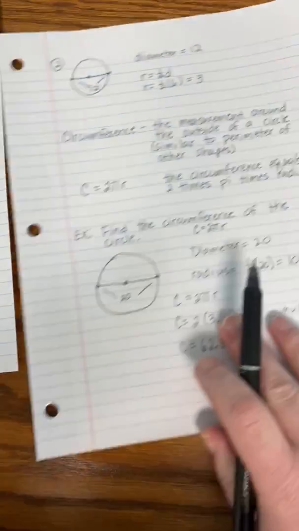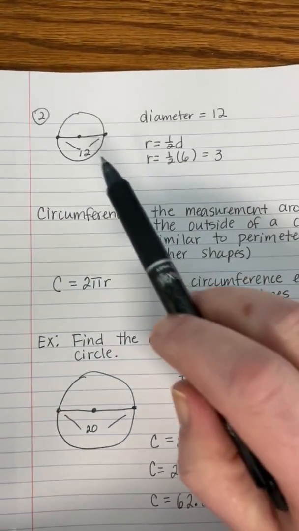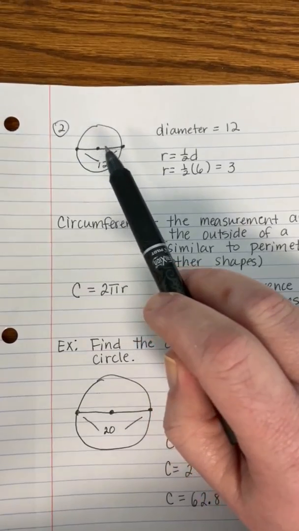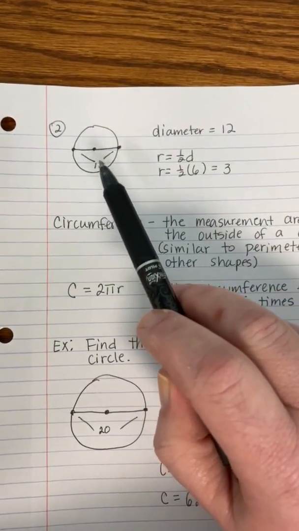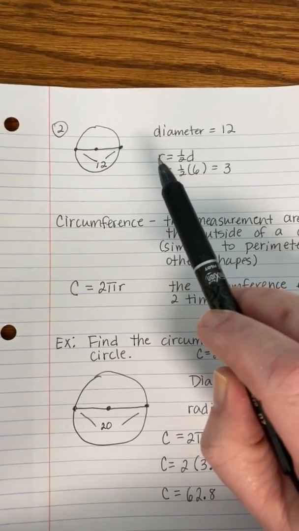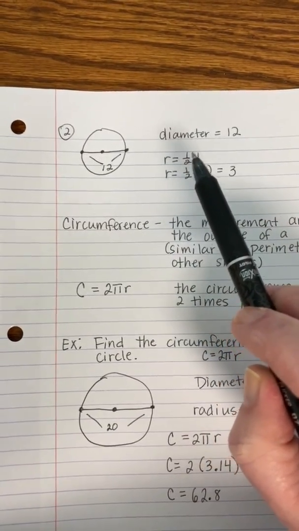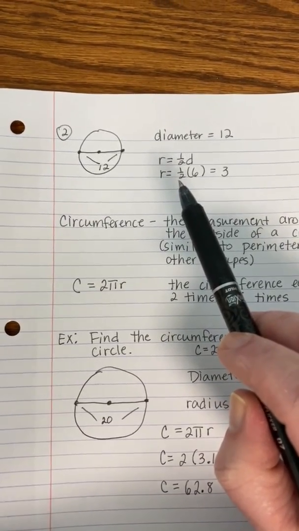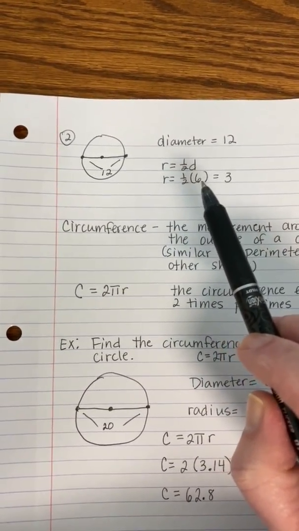All right, for this next example, in my picture I'm given the diameter, which is equal to 12. That's what this means right here. So the diameter equals 12, which means I have to find my radius. The radius is equal to half of whatever the diameter is. Actually, that should be half of 12, which is 6.